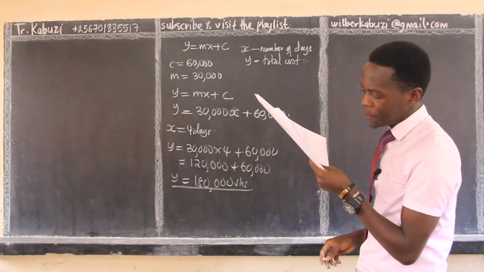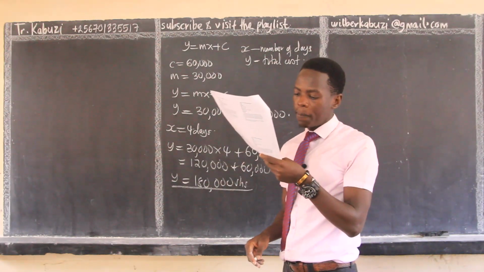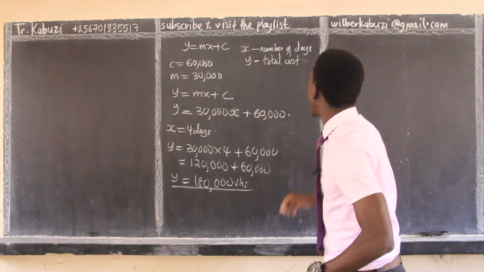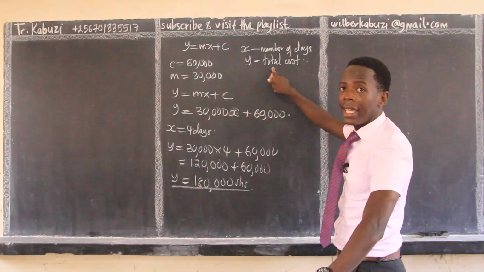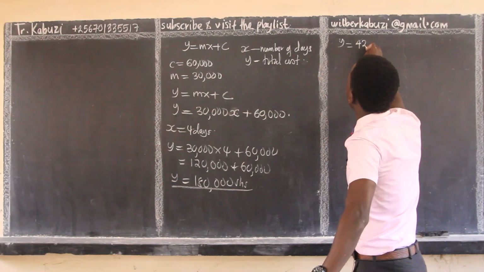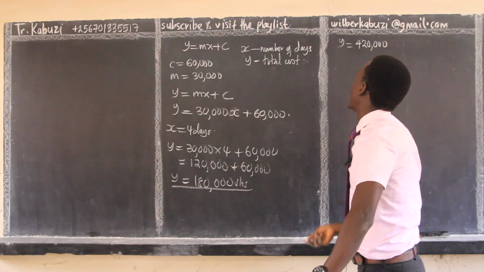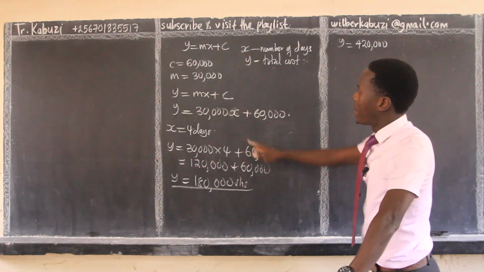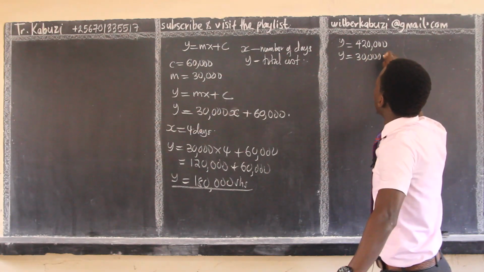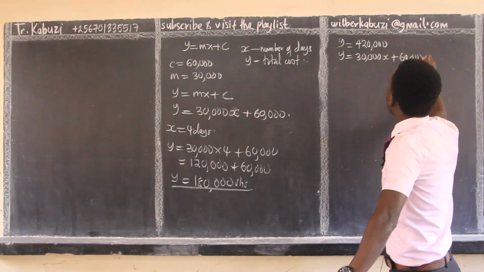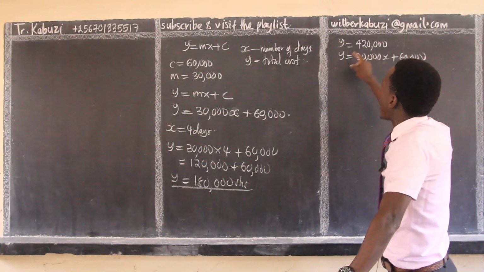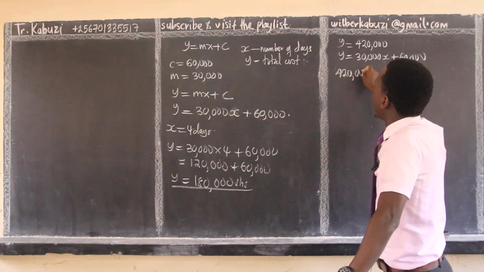And then they're asking us, he plans to spend 420,000, but is unsure of how many days he can afford to stay. So they are giving us y as 420,000, but we don't know how many days he will stay. So you come to our general formula. We want to know how many days he will be in the park when he has 420,000.